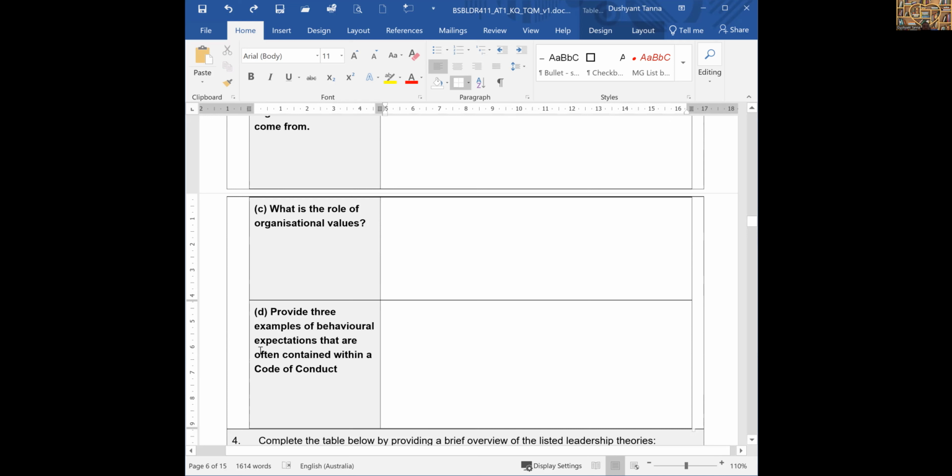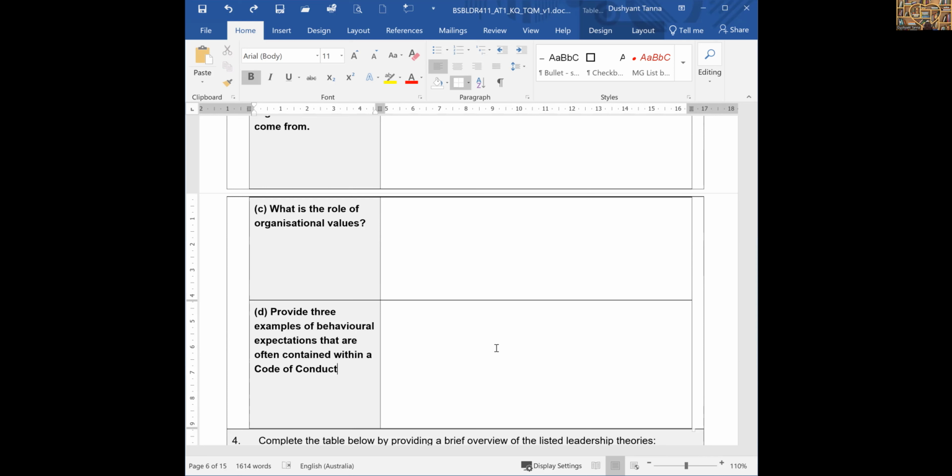Three examples of behavioral expectations that are often contained within a code of conduct. Often contained, like the basic things that always come with it. Integrity, honesty, trust, promoting diversity, respecting the leadership, treating others fairly, all that.